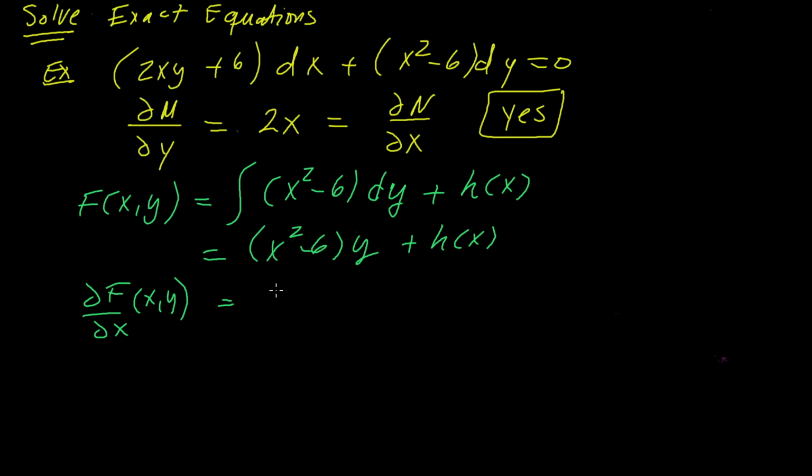And that's going to give me 2x, and negative 6 becomes 0 times y, because y is just a factor there, plus h prime of x. Since I started with N, now I'm going to switch. This is equal to M.